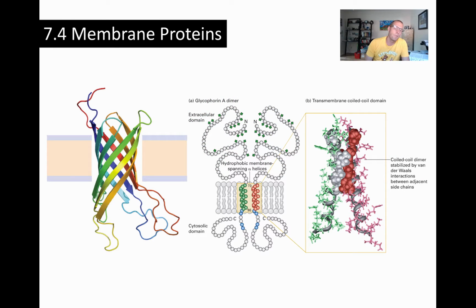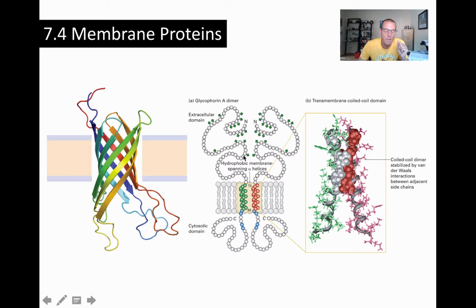Let's take a look at just some examples here, so you've seen some stuff. Most membrane proteins are integral in nature, and they possess one or more major hydrophobic regions that have an affinity for the interior of the lipid bilayer, for the interior of the hydrophobic core. This contributes to their assembly. We talked about self-assembly. If you've got a protein which has a hydrophobic region, let's just look at this one in the middle here.